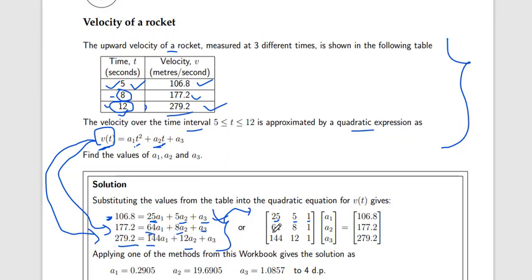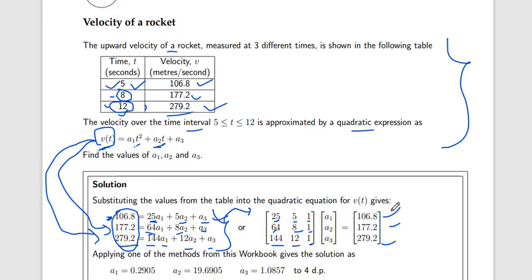The second row has coefficient of a1 64, coefficient of a2 8, coefficient of a3 1. The third equation has coefficient of a1 144, coefficient of a2 12, and coefficient of a3 1. The column matrix is a1, a2, a3, and it equals the velocity values 106.8, 177.2, 279.2.